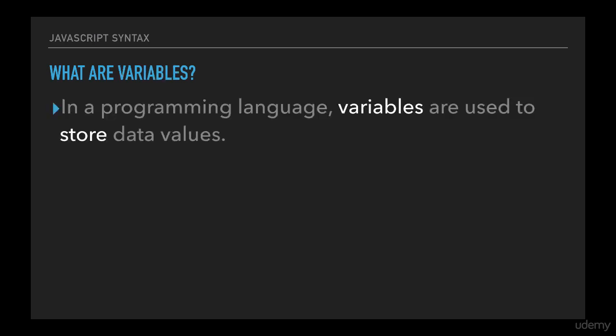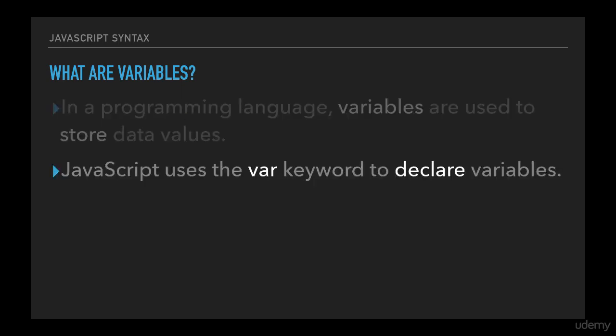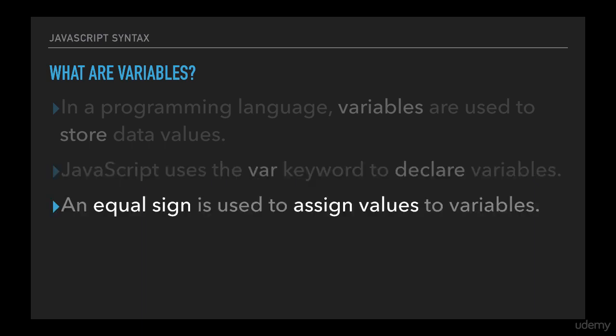Variables. In a programming language, variables are used to store data values. JavaScript uses the var keyword to declare variables, which means just like you say I'm a boy or I'm a girl, similarly, a variable is indicated using the var keyword.